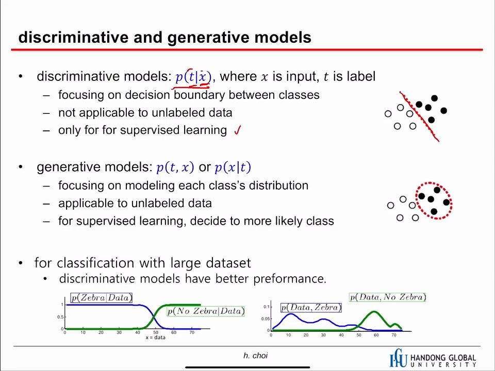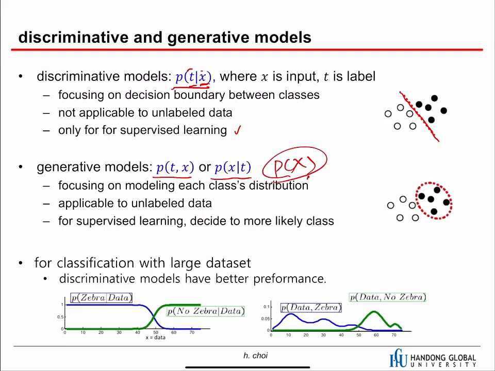But generative models are a little different. We're interested in P of T, x, or P of x given T. So basically, we are not interested in the labels. We are interested in the distribution of x, or x and t. So we focus on modeling each class's distribution, or if we don't have labels, we focus on modeling just x. If we have multiple classes, then we model each class's distribution.